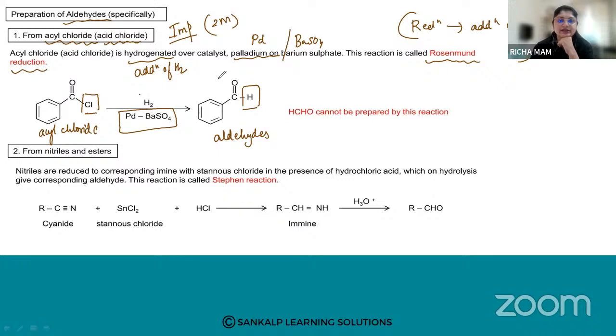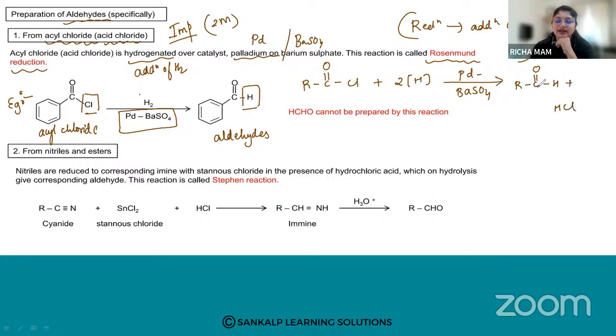Is it clear? So this is an example. Generally, this is how the reaction is given, so please note it down. This is the general reaction: acid chloride plus 2H in the presence of palladium and barium sulfate, BaSO4, will give aldehyde plus HCl.